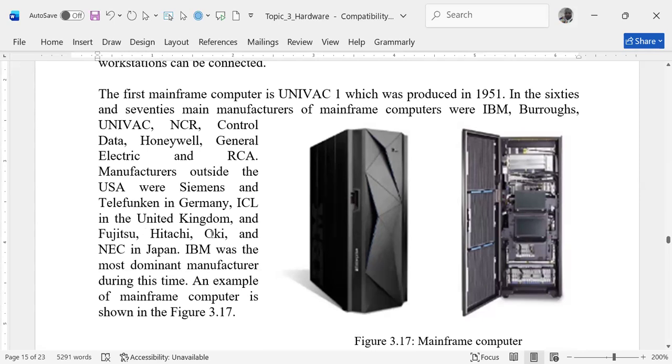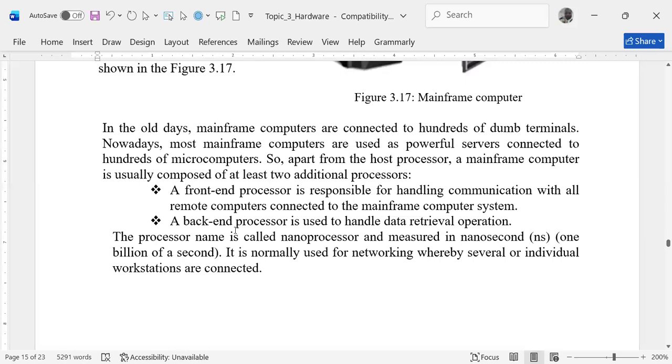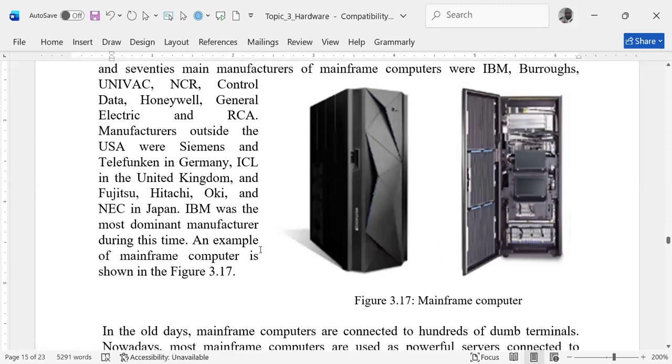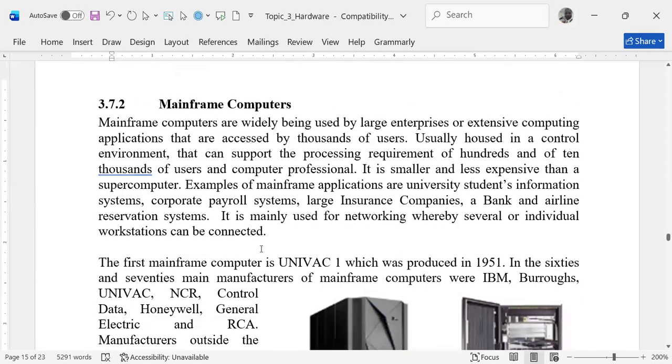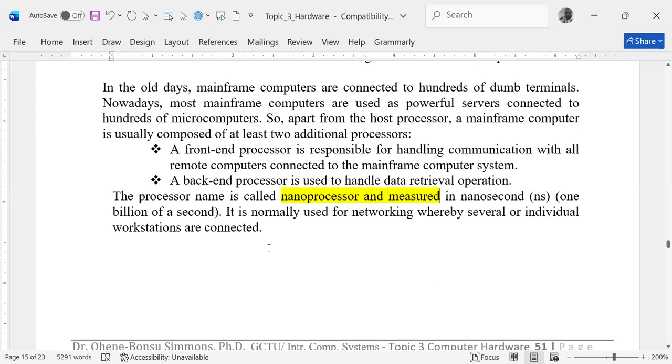And this is how the mainframe also works. The mainframe here, the processor name is called nano processor, and measured in 1 billion per second. So very powerful. It's next to the super. And the super is pico, 1 trillion per second. This is nano.